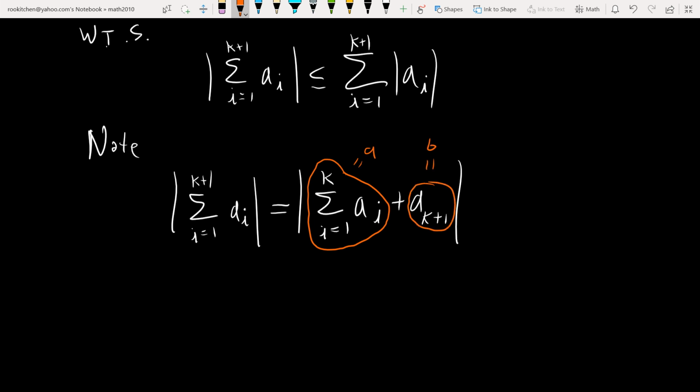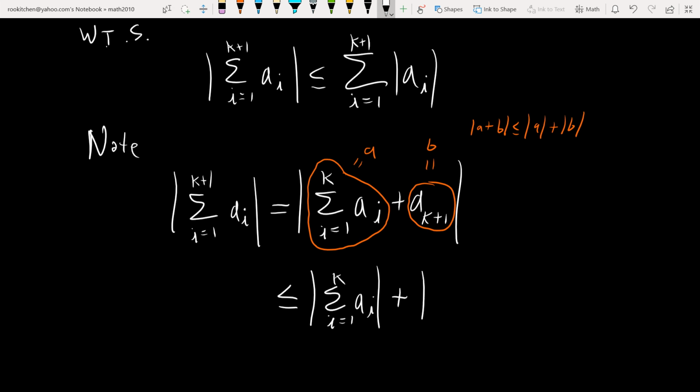Our triangle inequality from above said that the absolute value of a plus b is less than or equal to the absolute value of a plus the absolute value of b. So we just use that fact, and now we can rewrite this as less than or equal to the absolute value of the sum from i equals 1 to k of a sub i plus the absolute value of a sub k plus 1.